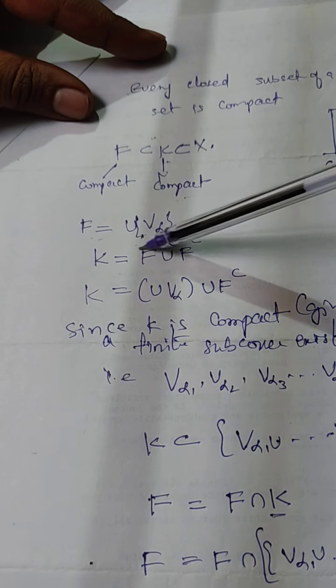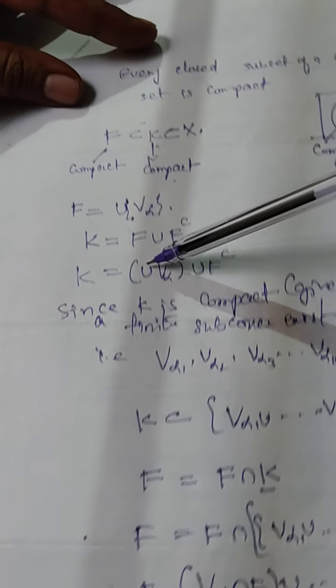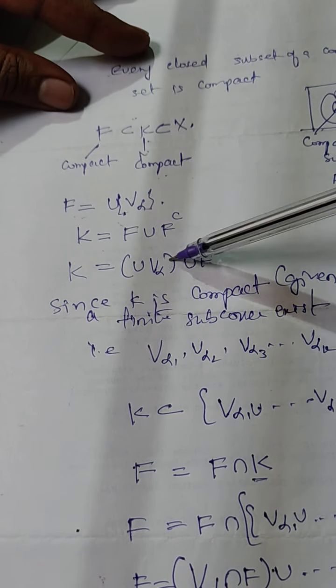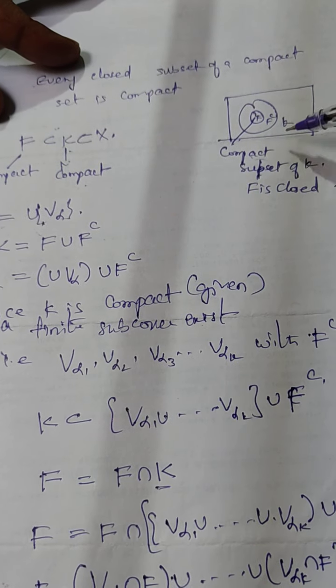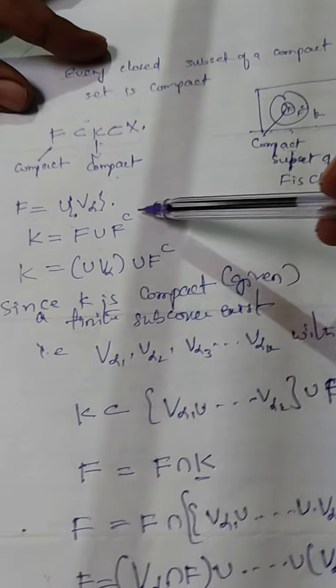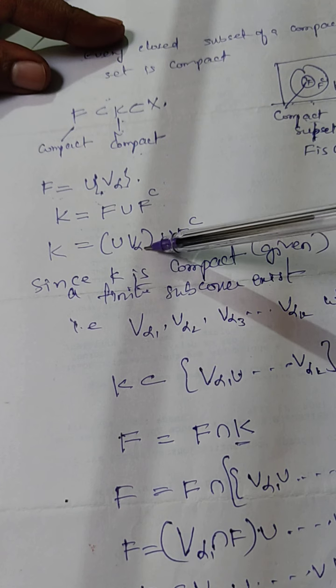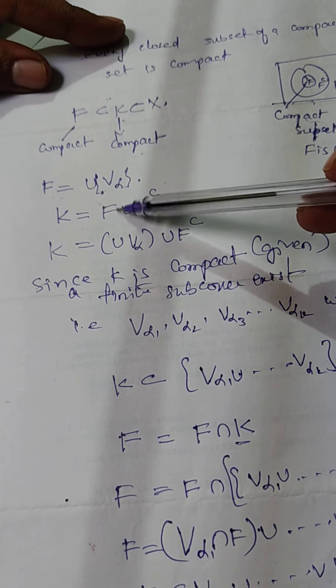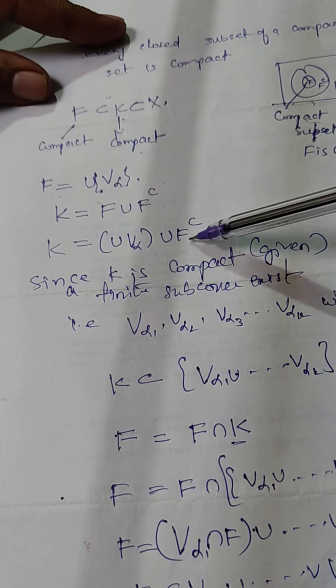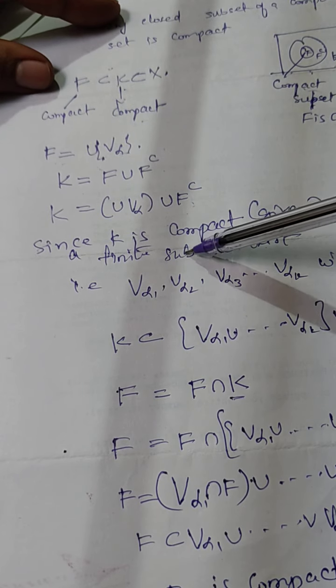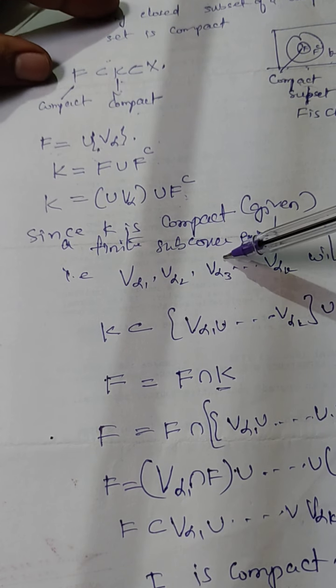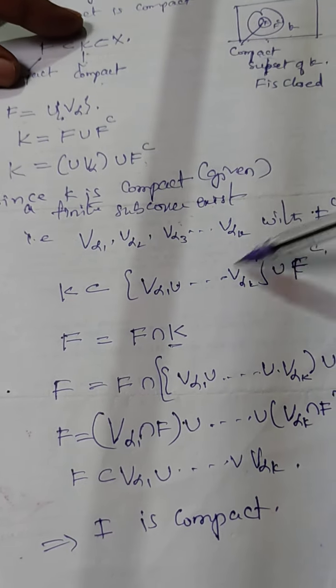Since F is a subset of K, we get that F is a compact set. Hence K is equal to F union F complement, and then K is equal to union of V alphas. We know that F is equal to union of V alpha union F complement. Since K is compact, the above open cover will have a finite subcover V alphas union F complement.